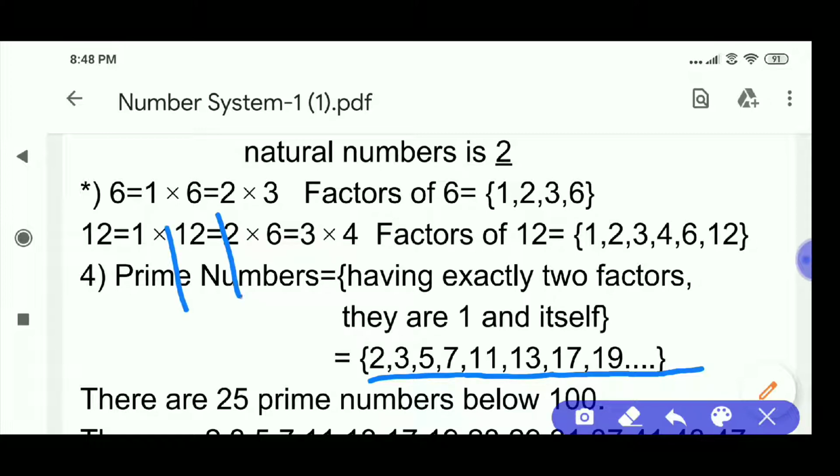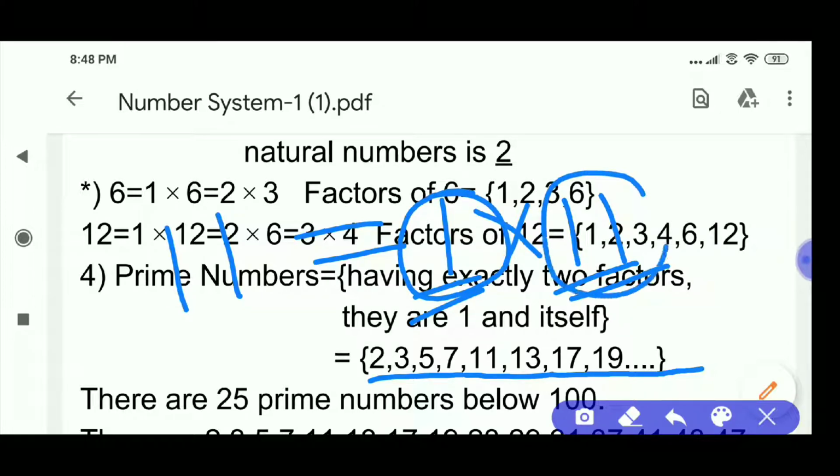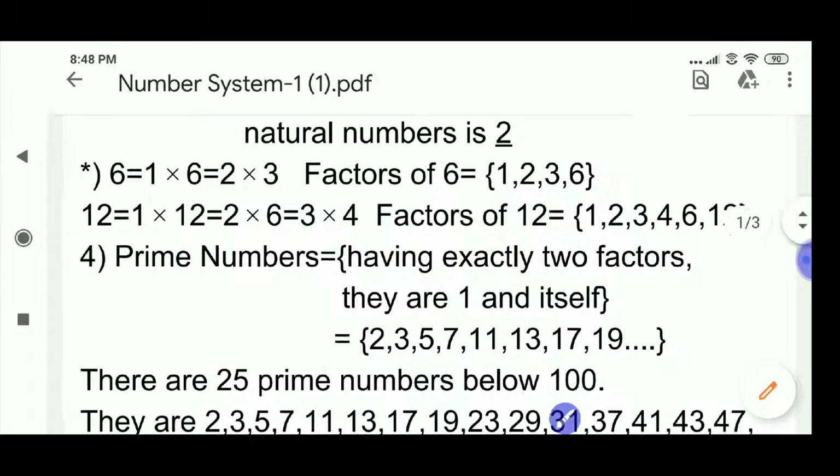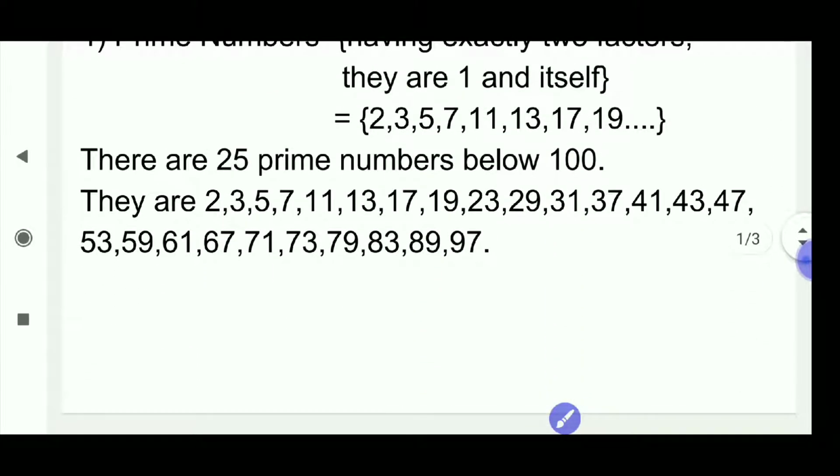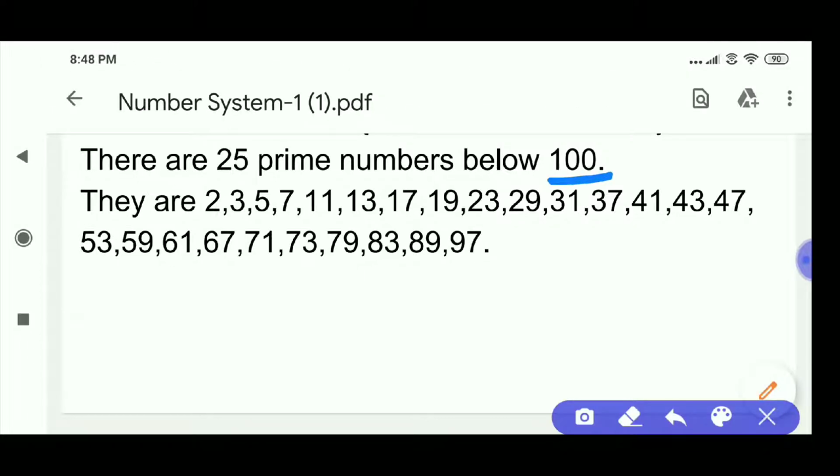Suppose you take 11. 11 can be written in exactly one way, that is 1 into 11. So it has only two factors, that is 1 and itself. So 11 is called a prime number. Dear students, I am giving here the list of prime numbers below 100.